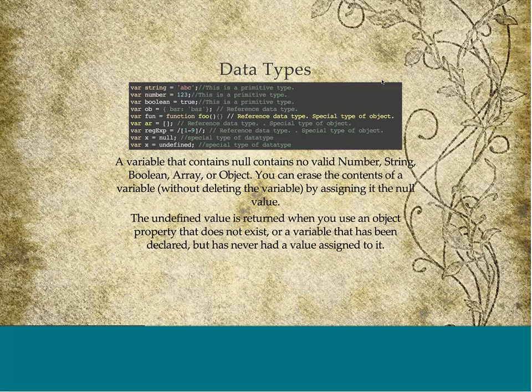So if you have an object, say car, and you have a .name that has never been assigned any data type, it will come back as undefined, and that is different than null.